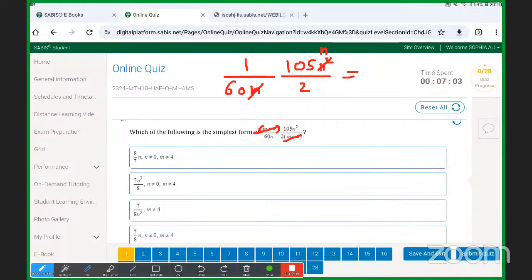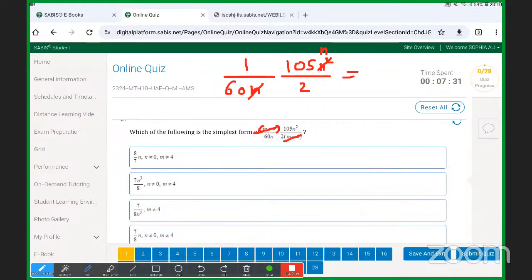No, 105 is an odd number. So you can't divide any odd number by 2. So 105 now and 60. What's the greatest common factor between 105 and 60? What do you think? 3. Could you go up a little bit?